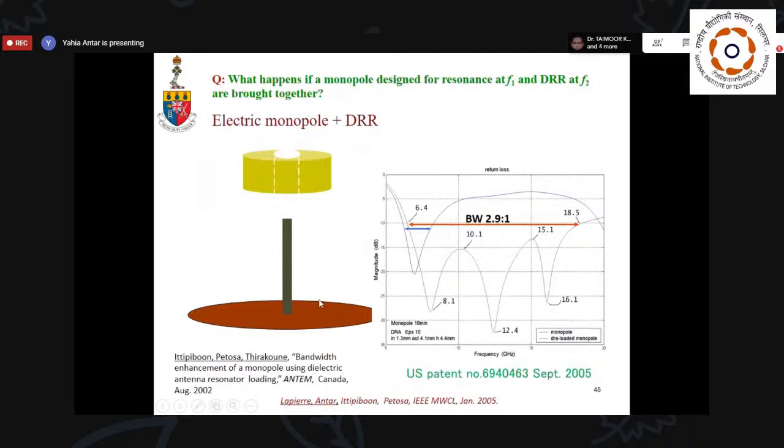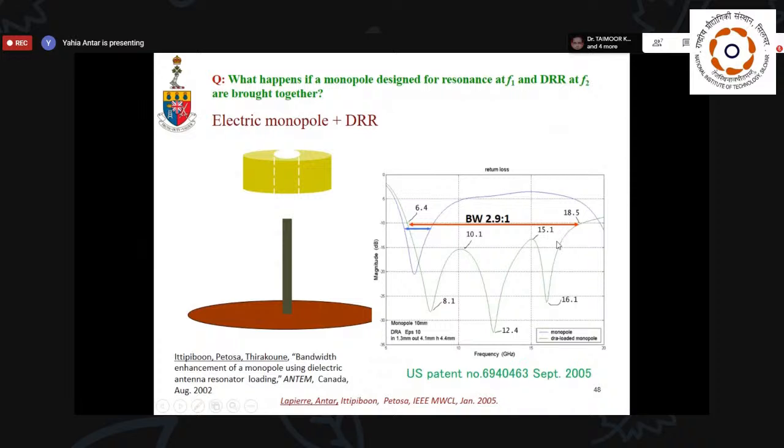This is basically what you get here. So you have the monopole and the DR. And if you look at this curve here, the blue curve is basically the response of the monopole by itself. If you design the radiator by itself, you'd actually have a different resonant frequency here.